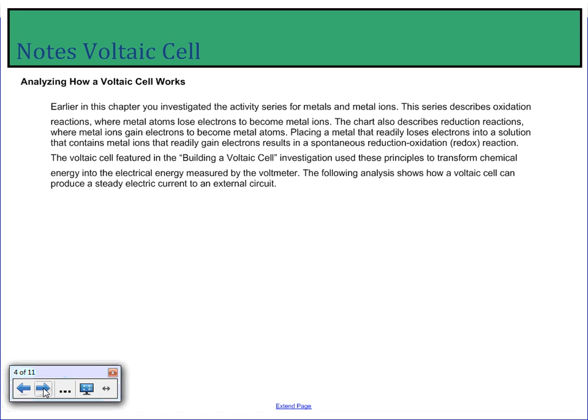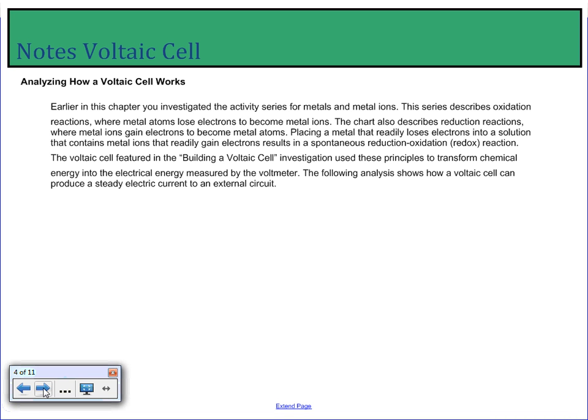So, how voltaic cells work. Early in this chapter, we investigated the activity series for metals and metal ions. This series describes oxidization reactions where metal atoms lose electrons and become metal ions. The chart also describes reduction reactions where metal ions gain electrons to become metal atoms.